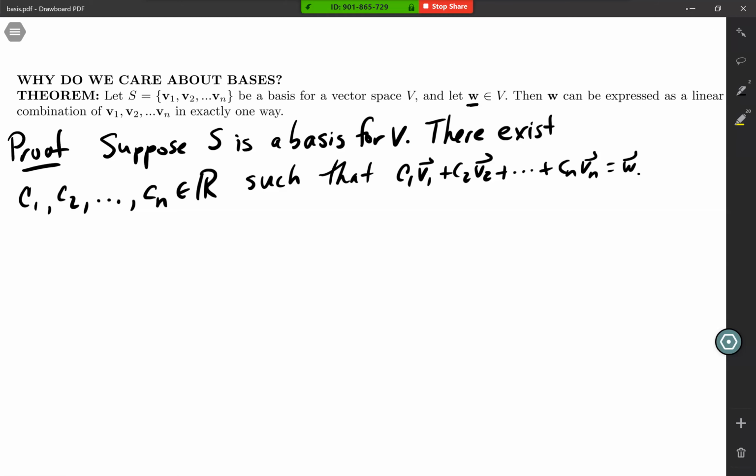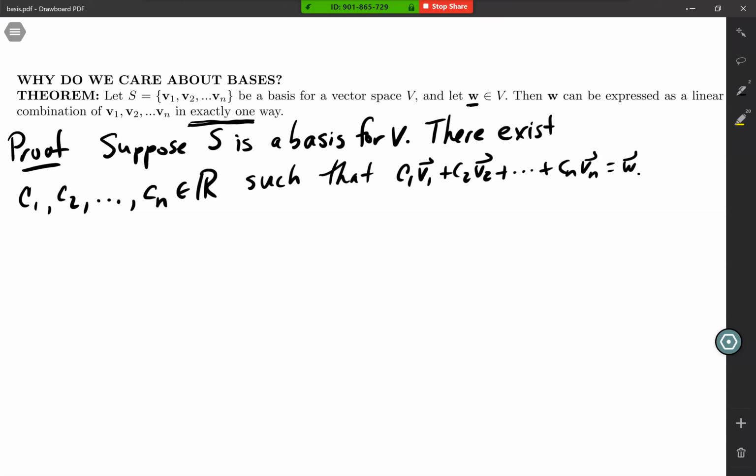Okay. Now notice, I want to emphasize this because this is again going back to proof techniques, and linear algebra is a nice introduction to proof type of course. Notice that the theorem says that we're supposed to be able to write W in exactly one way. So when you're proving things in mathematics that say exactly a certain number, the typical way to prove it is to show that there's at least that many, and then at most that many.